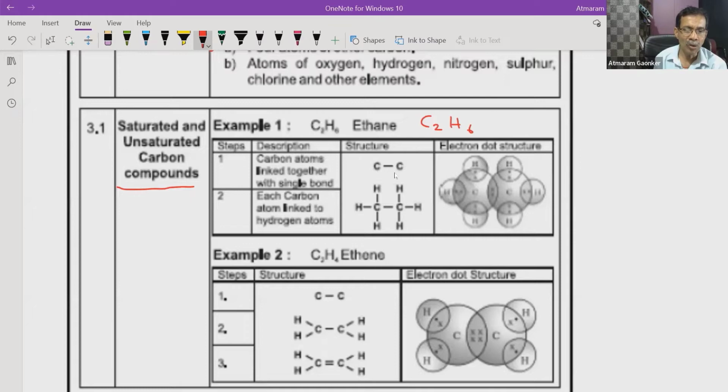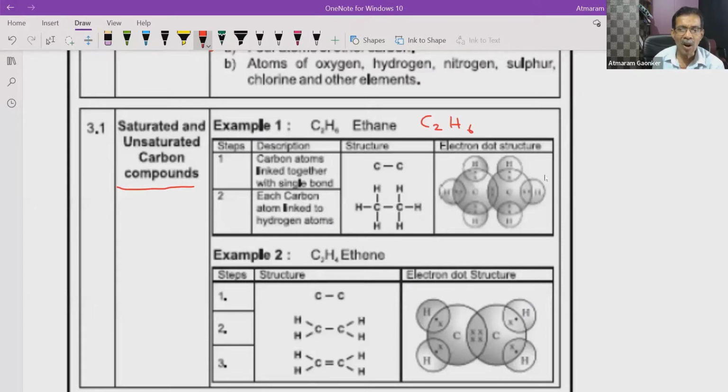So you join the two carbons first. So that will become carbon-carbon. And to each carbon, you fill the remaining bonds with hydrogen. So with this C, there will be 3 hydrogen. With this C, there will be 3 hydrogen, and the fourth bond is between the 2 carbons. So this becomes the structure.